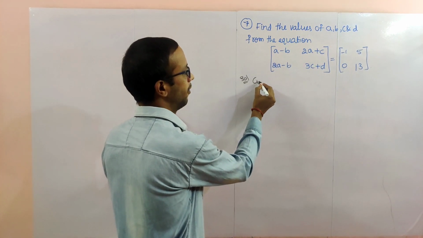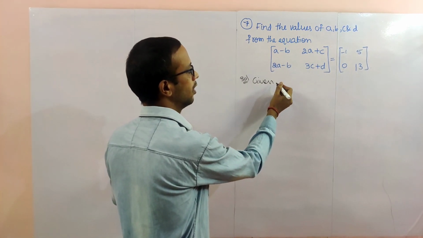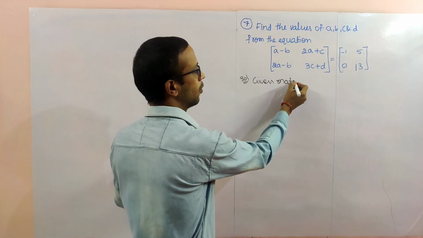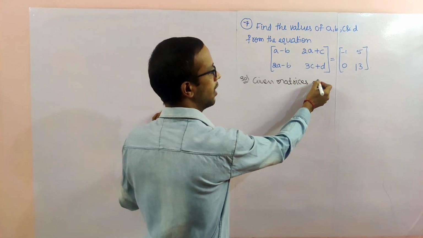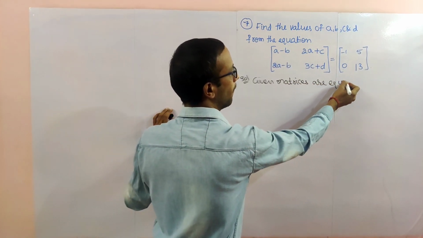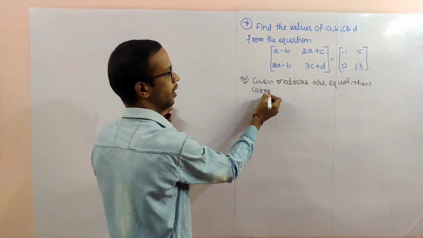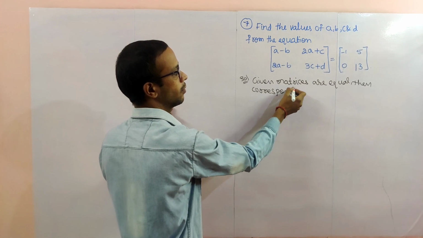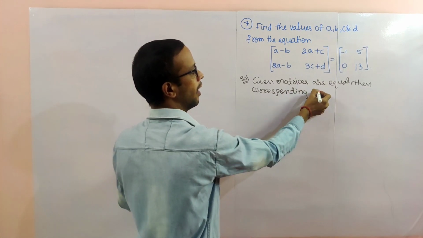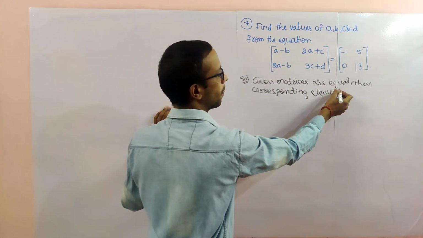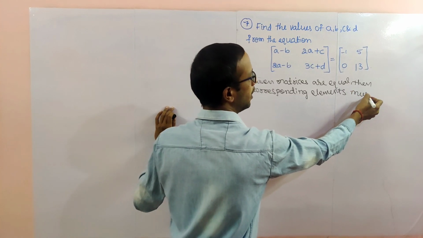Solution. First of all, the given matrices are equal. Then corresponding elements must be equal.